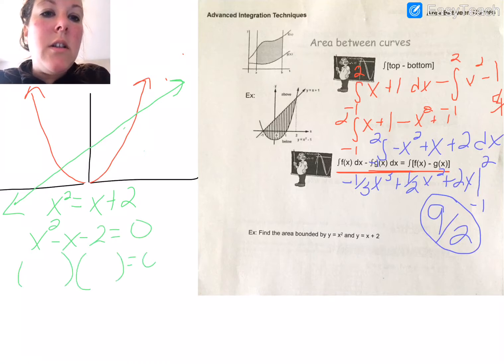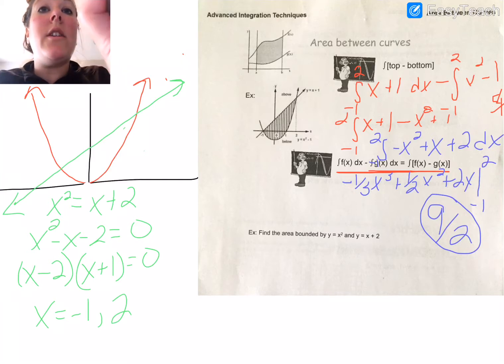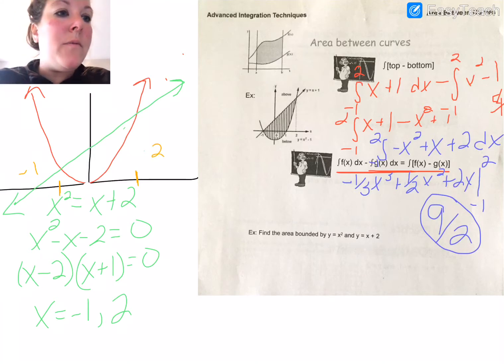Factor. That's my intersection points. Those are the bounds on your integral. So this right here is -1, and this right here is positive 2.